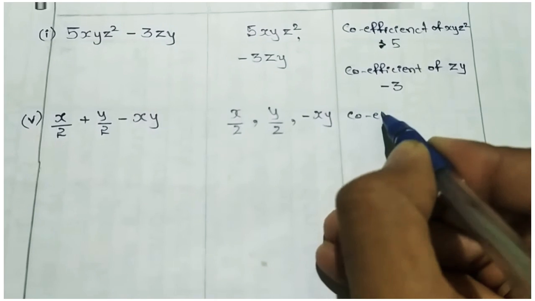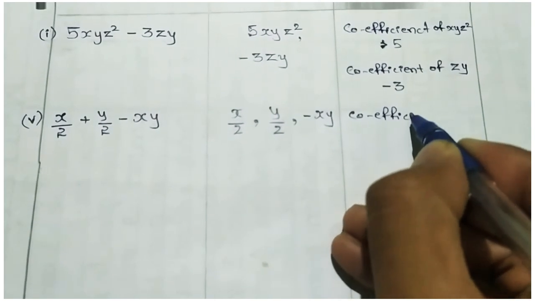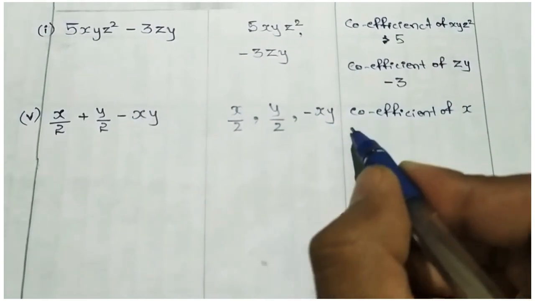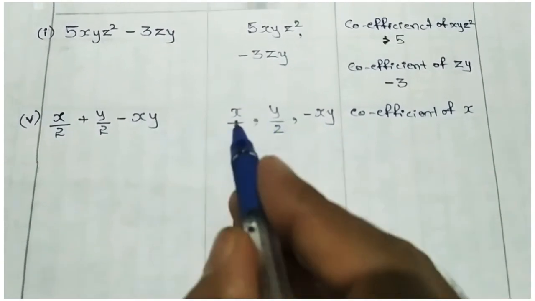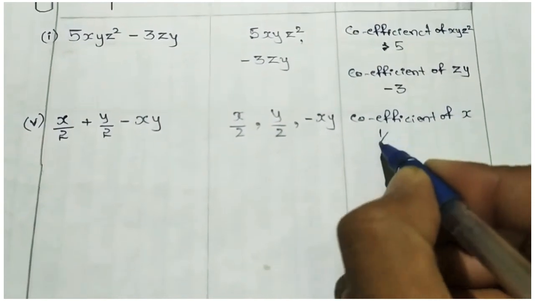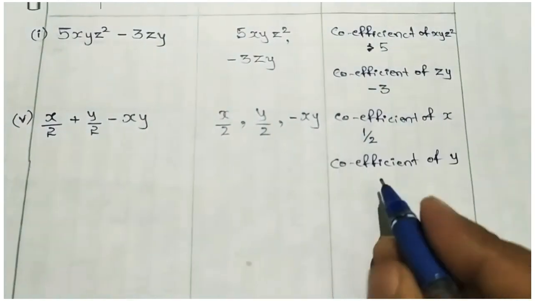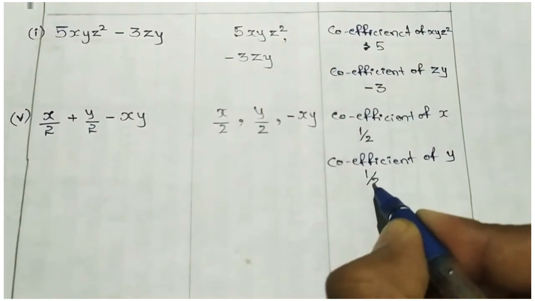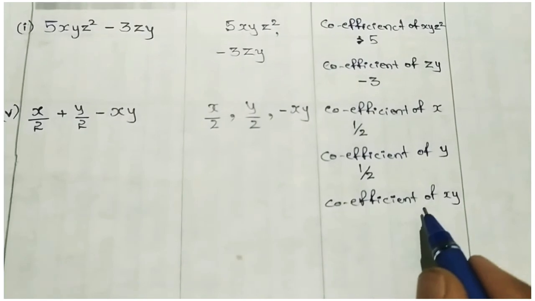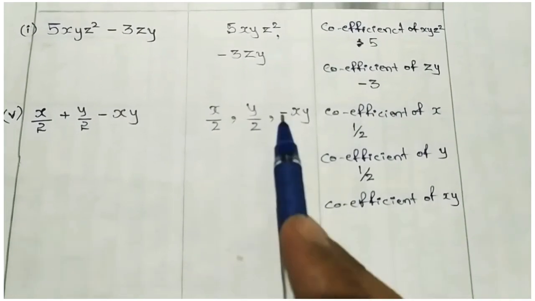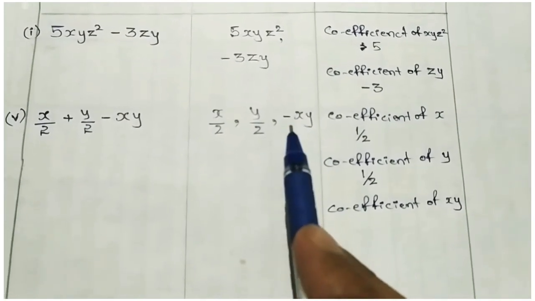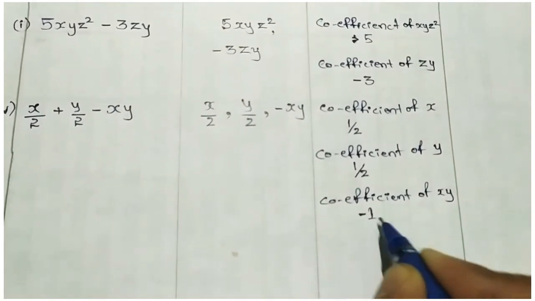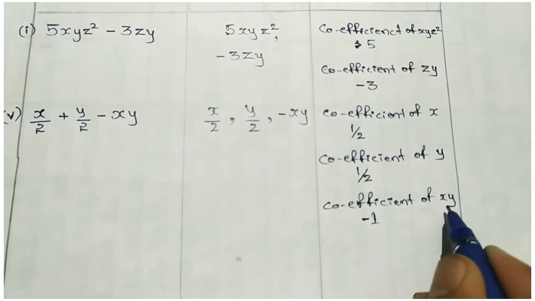So first, coefficient of x, that will be 1 by 2. Same, coefficient of y is also 1 by 2. Next, coefficient of xy. So here minus xy is there, so there is no number, which means always 1 is there, so it will be minus 1. So minus 1 is the coefficient of xy.